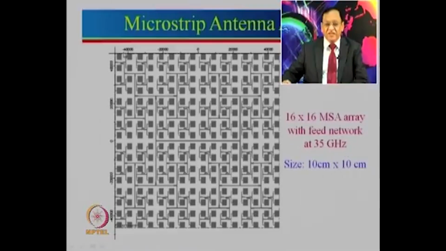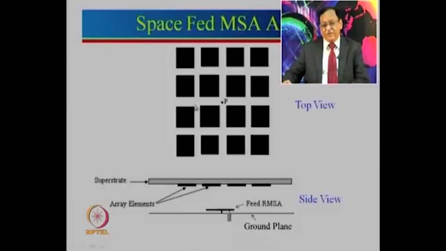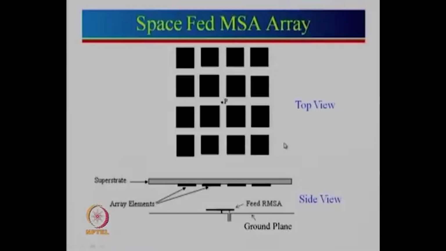You can see that all these elements are fitted in a very small size of just 10 centimeter by 10 centimeter, which is like 4 inch by 4 inch. As we move along the course we will talk in detail about how to design all these antennas and arrays. Now that feed network creates a lot of problems because of large feed losses.